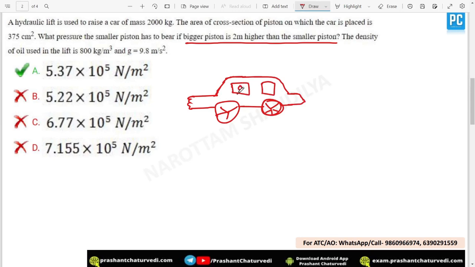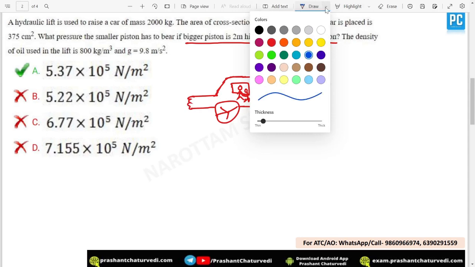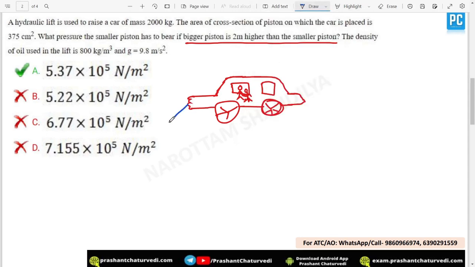This is you and this is your soulmate sitting together, both hands joined, and now this car is kept on a piston.